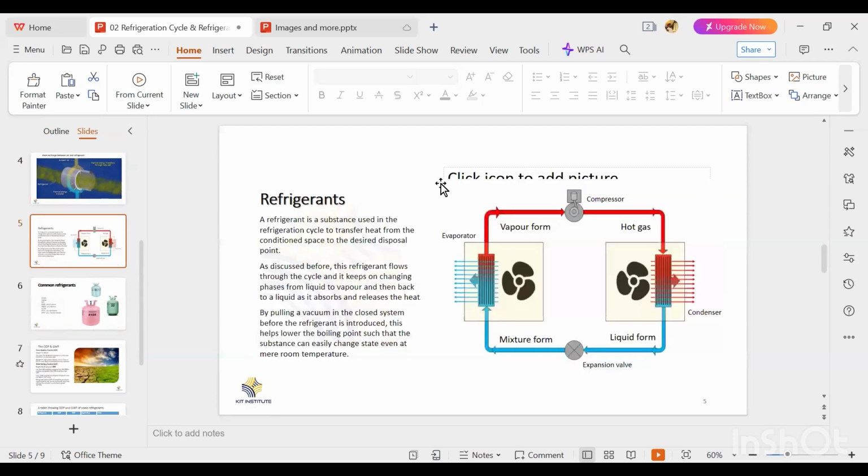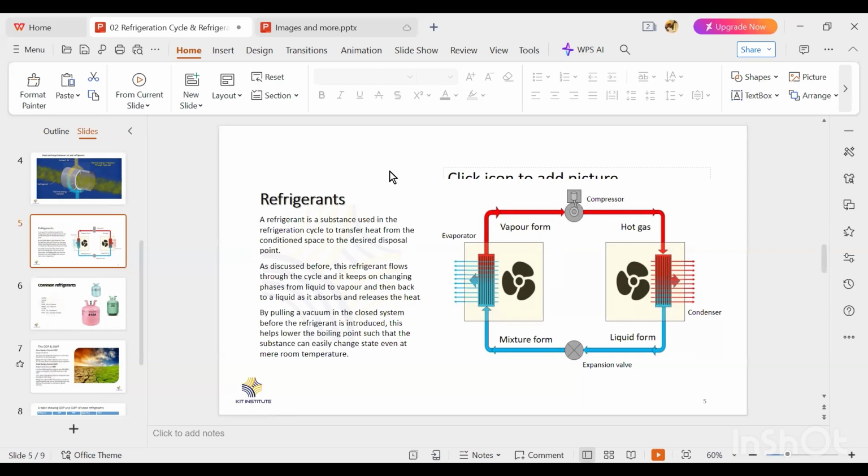Next is talking about the refrigerant, the blood that is moving around. Now we need to understand this blood move. What are refrigerants? A refrigerant is a substance used in the refrigeration cycle to transfer heat from where it is not wanted, where we can dissipate it freely.